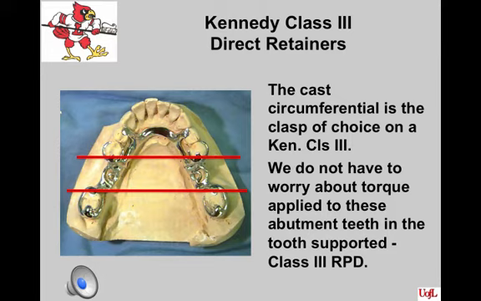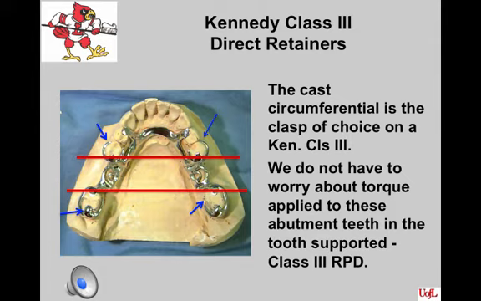But this is prohibited from happening by the presence of a clasping mechanism on each abutment next to the edentulous area. So we have 4 clasp assemblies on the Kennedy Class 3 next to the edentulous areas.